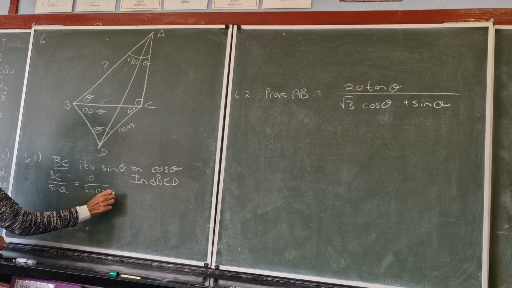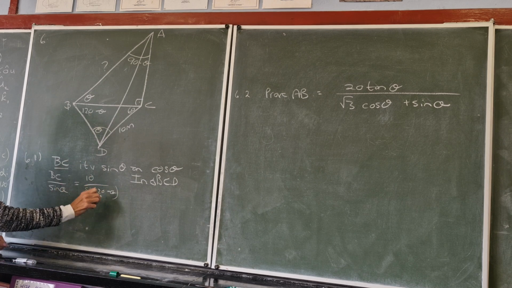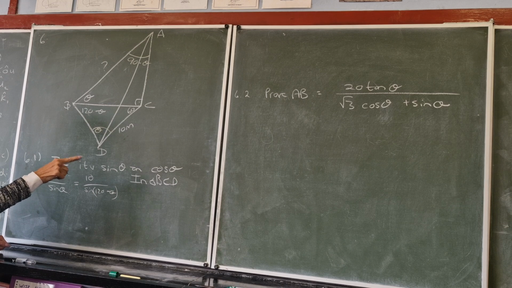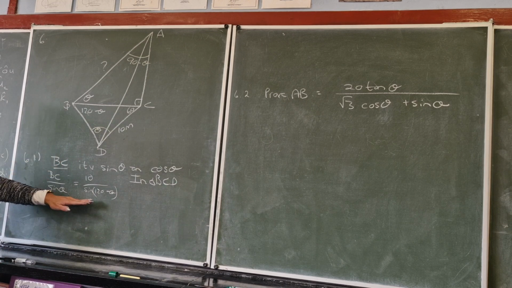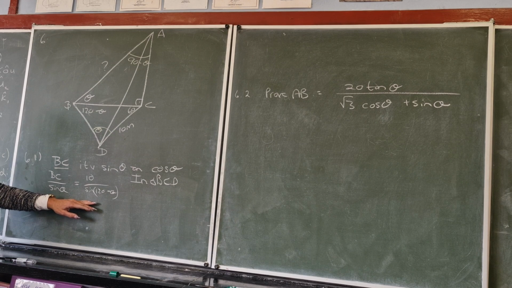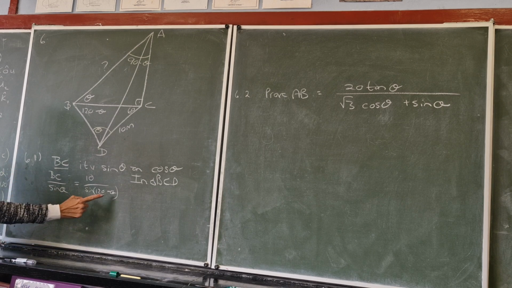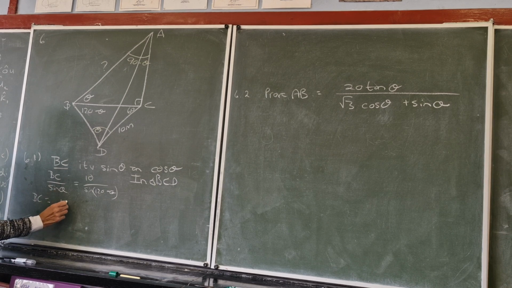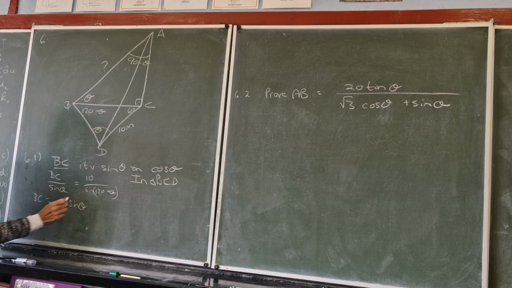120 minus theta. The question was, find BC in terms of sin theta and cos theta. I'm finding BC here, but I'm lost for a cos. Co-function? You with me here? Maybe co-function, but look carefully. Yes, compound angle. So BC will be equal to, let's first of all say 10 sin theta. Do you agree?